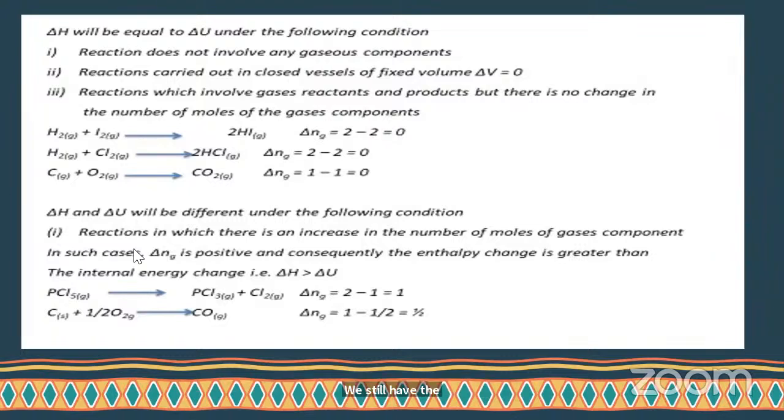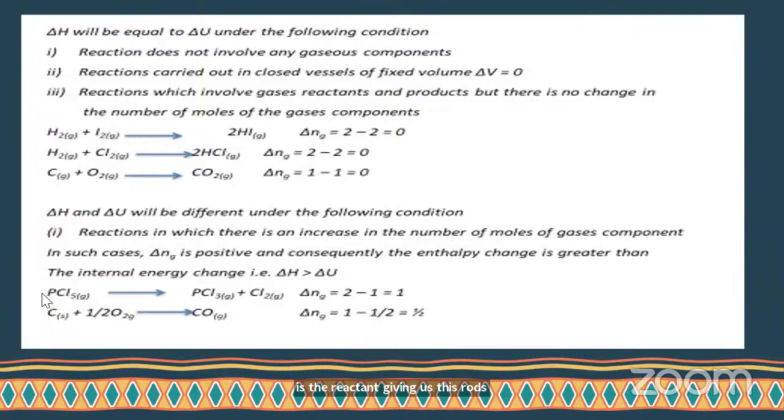So the first is when there is an increase in the number of moles of gaseous components. Let's look at what we have here. Here you have 1 mole of the reactant giving us these products.